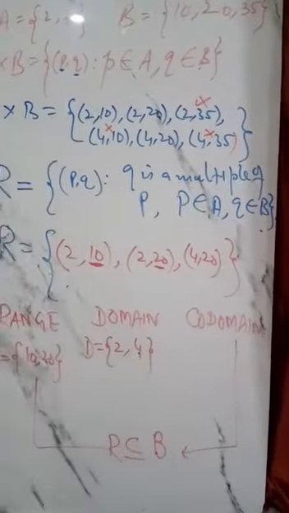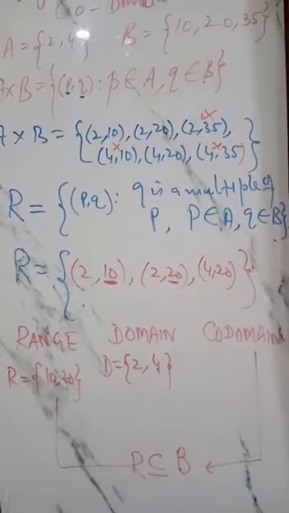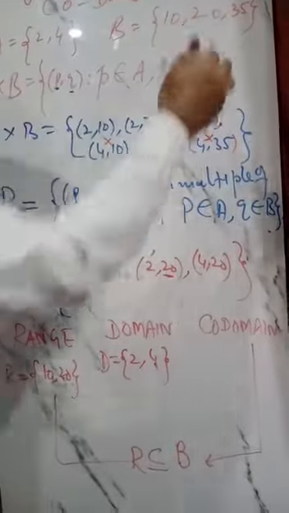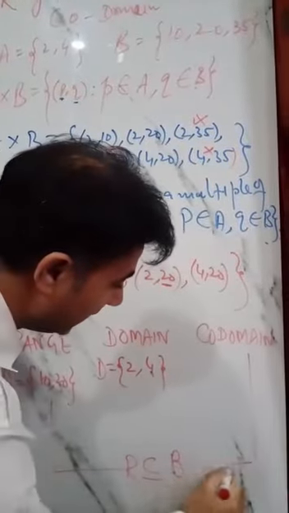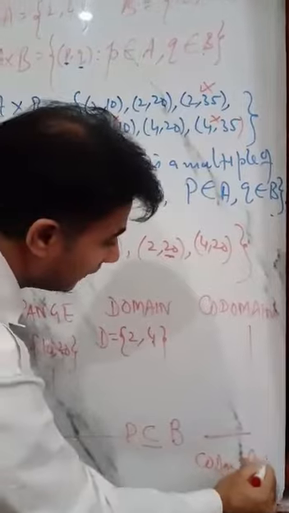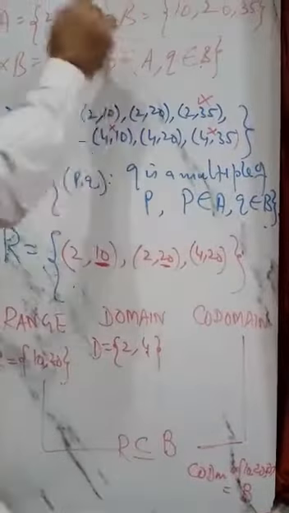So what is codomain then? It is 10, 20 and 35, that means set B. So set B is the codomain.